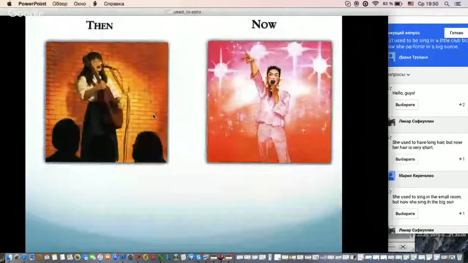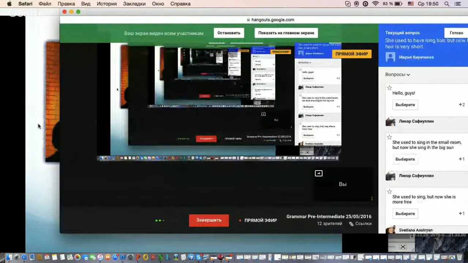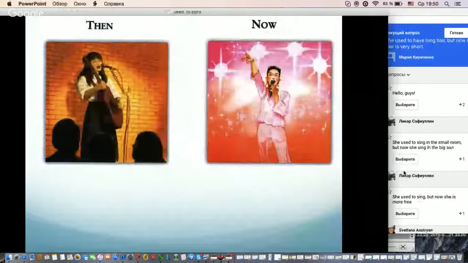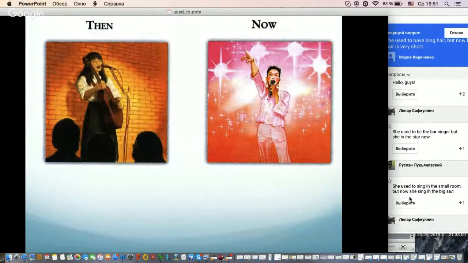Very good example. So what have we received from Maria? She used to have long hair, but now her hair is very short. All right, good. Now she has a short haircut. All right. She used to sing in the small room, but now she sings in the big hall, in big halls.